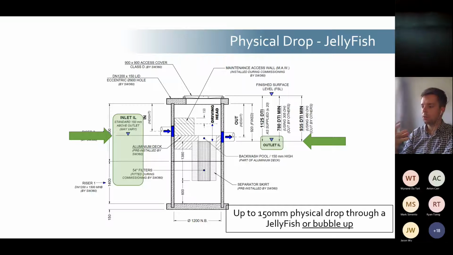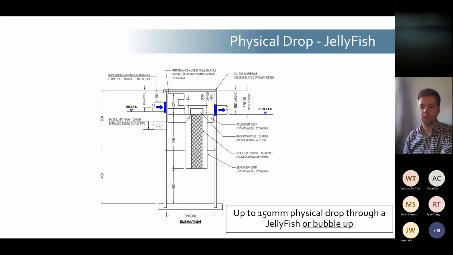So there is up to 150 millimeters physical drop through a JellyFish, or you can have a bubble up JellyFish. That would be where the inlet is lower than the outlet and water bubbles up through the filters. A really good example of this is a non-trafficked JellyFish. You can see here that the inlet is typically 150 millimeters above the outlet, but the inlet may vary and it can be installed below the outlet pipe.